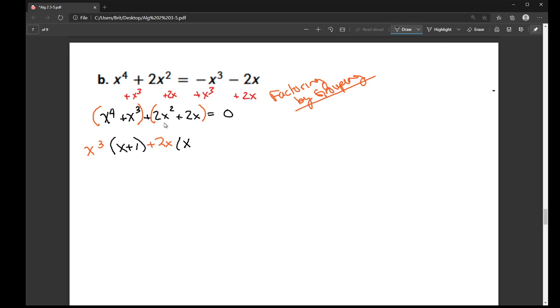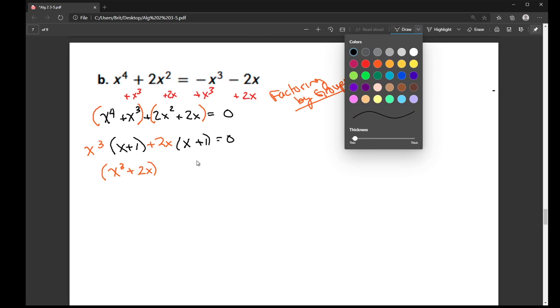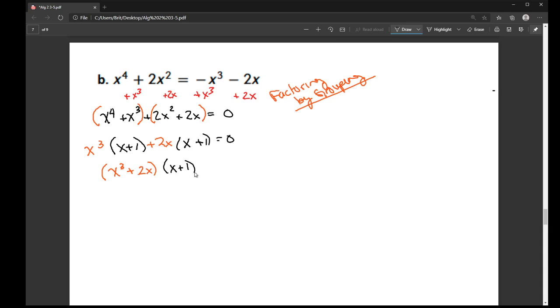So this also turns into x plus 1. And then with factoring by grouping, I have the stuff that I factored out here in one parenthesis, and then the parentheses that was copied.